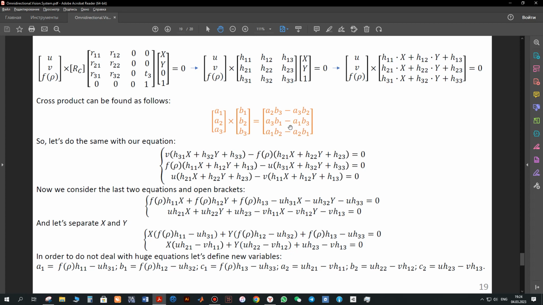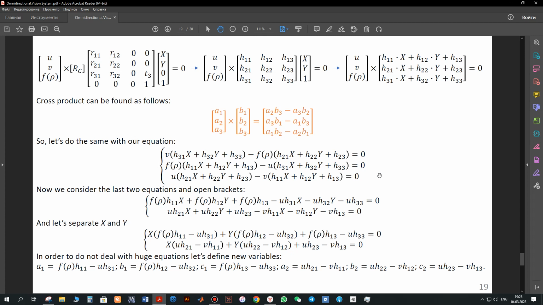Minus a1 multiplied by b3, and for the last one we take a1, it's u, multiplied by b2, this and this, minus v multiplied by b1, this one. So that's how we made a cross product here.